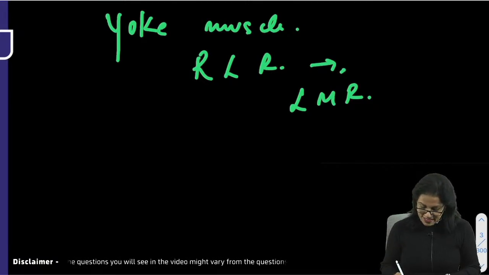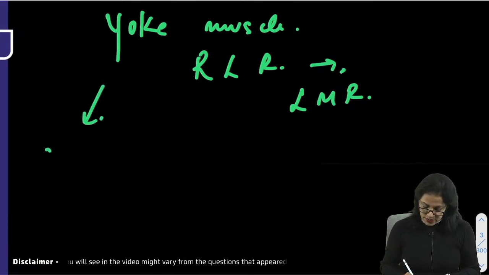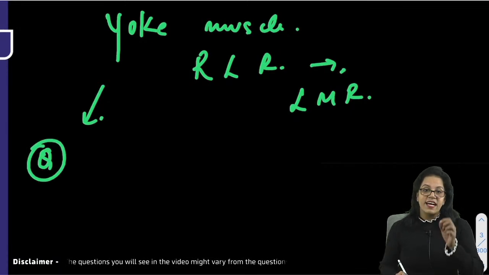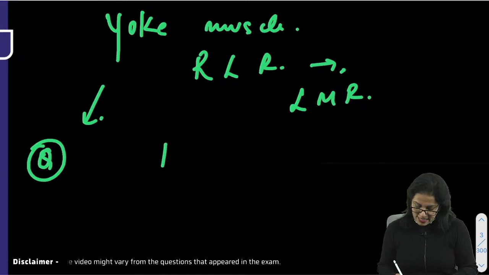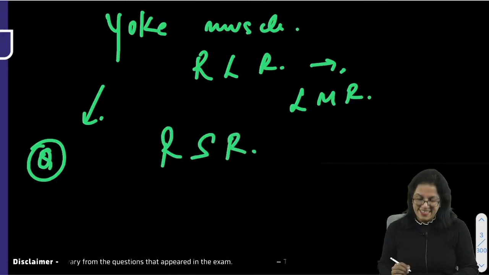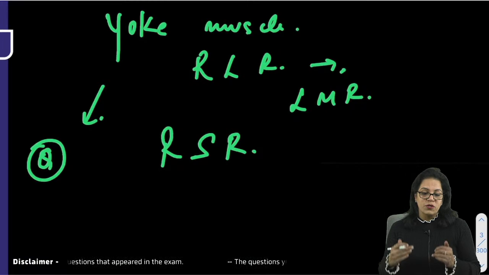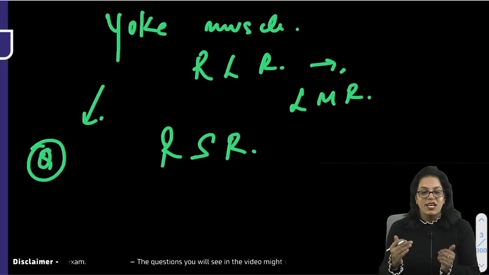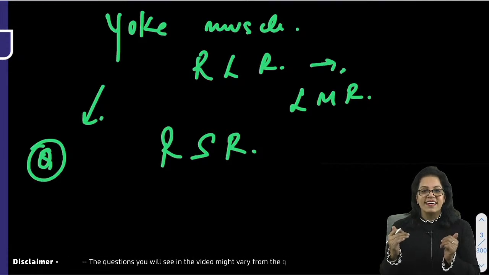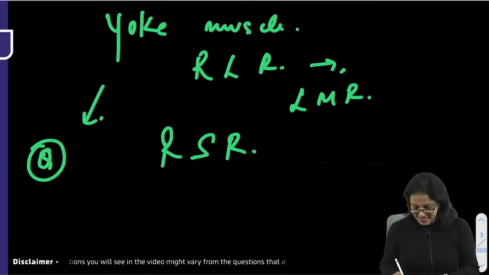Now, I am going to ask you another question on yoke muscle. If they had asked you what is the contralateral synergist or yoke muscle of right superior rectus, what is a quick tip? Of course, you should be knowing this. The basics should be absolutely clear.